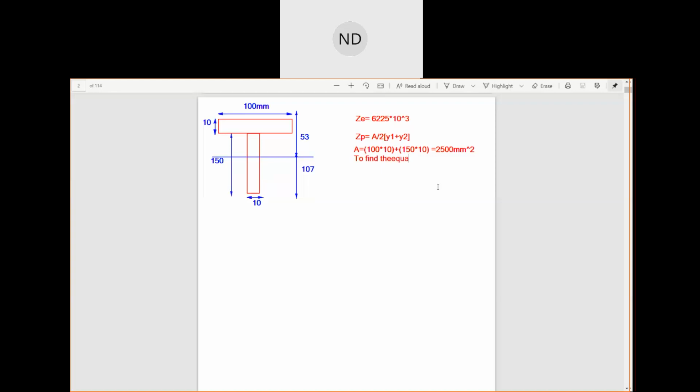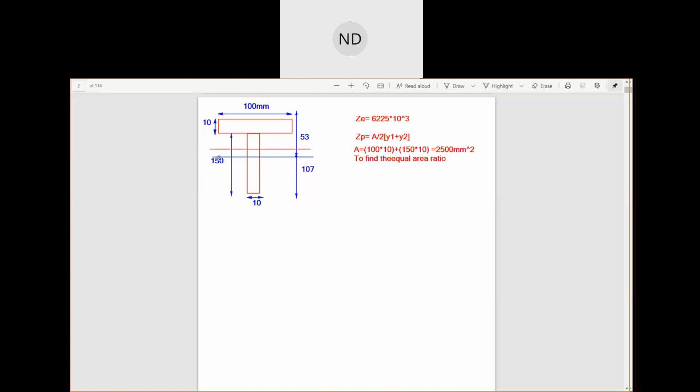To find it, we assume an axis somewhere here, the equal area axis.